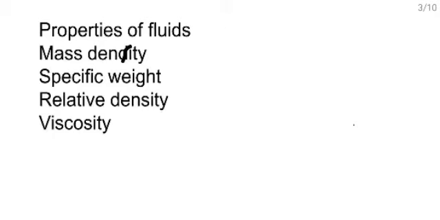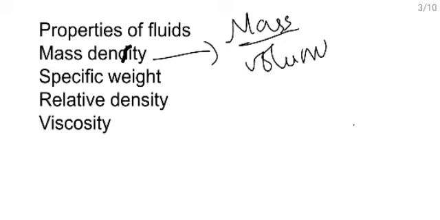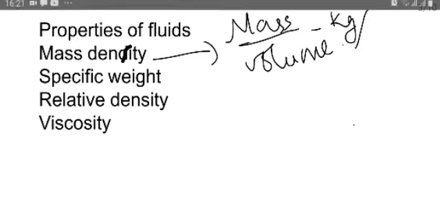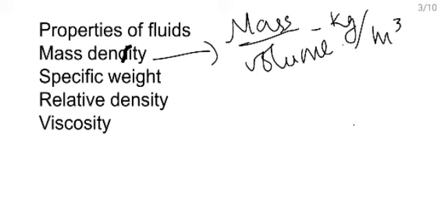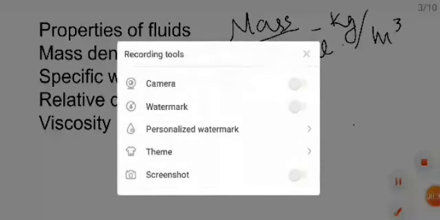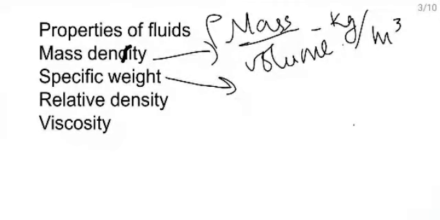So we have come to know about one of the properties of fluids, viscosity. You should be familiar with some properties of fluids, of which the first one is mass density. Mass density is mass per unit volume, so its unit can be kilogram per meter cube, and it is denoted as rho.